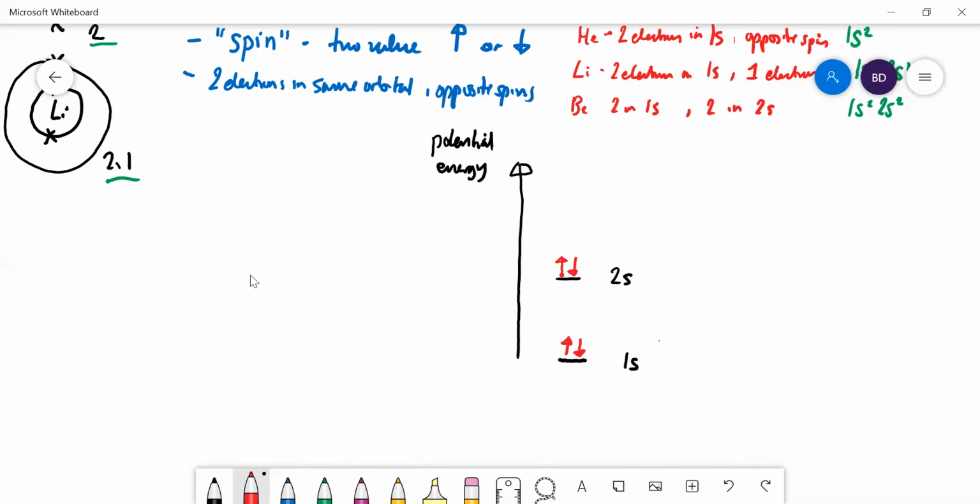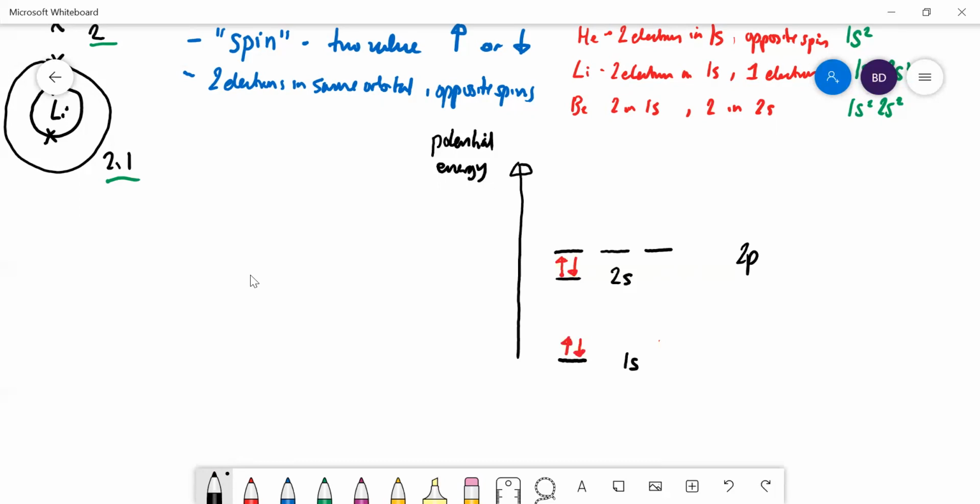Before we move on to the next video, I'm not going to tell you what the next orbital looks like, but I'll tell you what it's called. It's called the 2p orbital. It's a different shape, and there are actually 3 2p orbitals, and they've all got the same amount of energy. They're a little bit higher in energy than the 2s, but not far off. So I'm going to draw 3 lines there.